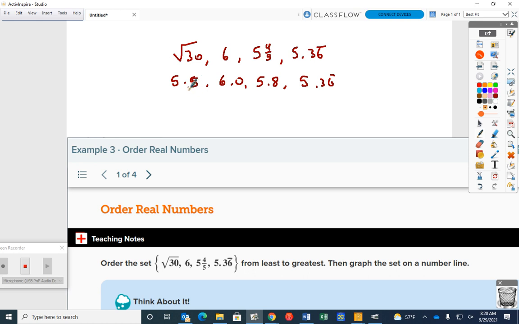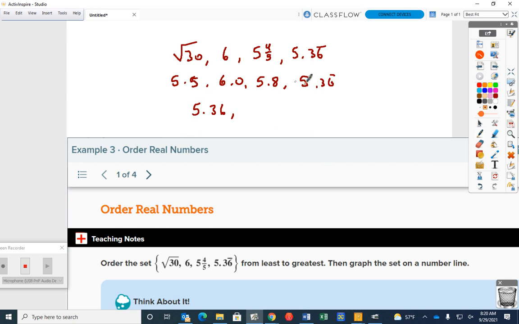Even if I did 5.6 or 5.55, whatever. Looking at this now, if I'm going from least to greatest, which one would be the least? 5.36. So I put them in order, 5.36. By the way, when you put them in order, put them in their original format.